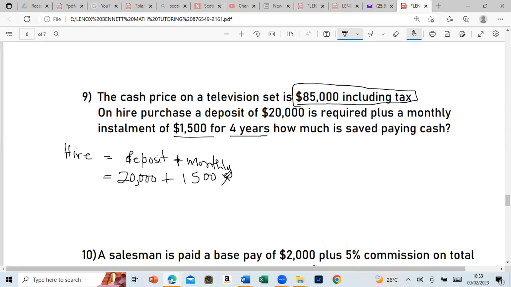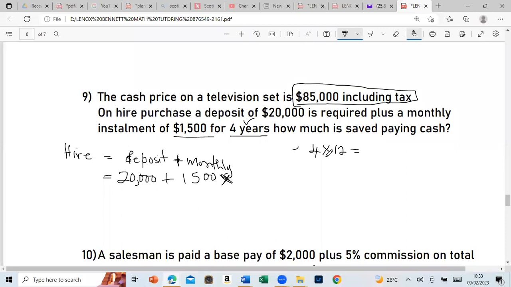Now the big question, guys: how do we work out the 4 years? Well, there will be a total of 48 months in 4 years. As Renee is saying, every year has 12 months, right?